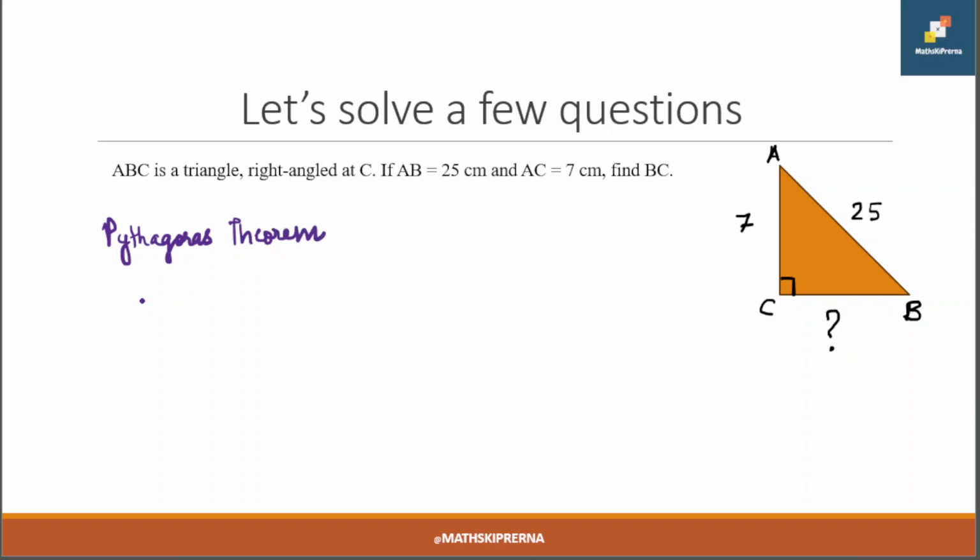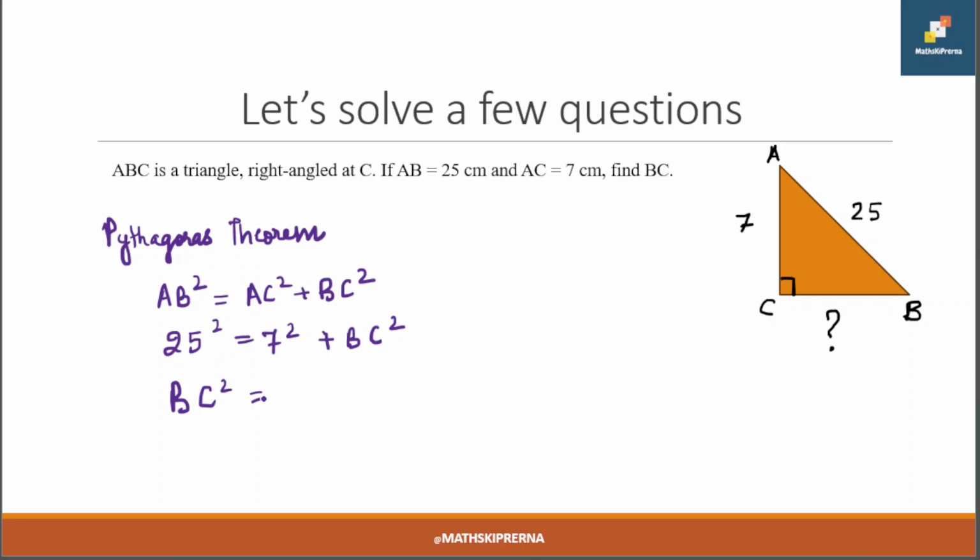So as per Pythagoras theorem, AB square will be equal to AC square plus BC square. AB square is 25 square, AC square is 7 square, and BC we don't know, so we'll keep it like that. So BC square will be equal to 25 square. We know that as 625, minus 7 square, which is 49.